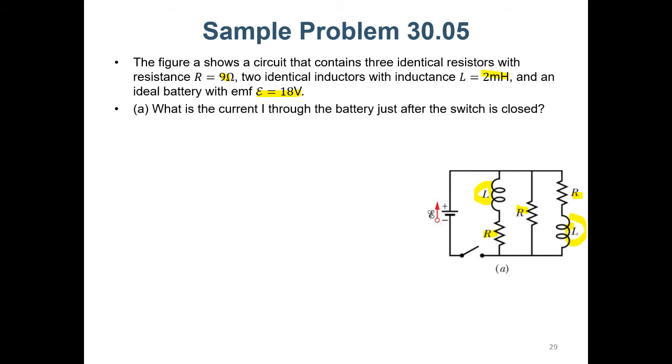So what is the current I through the battery after the switch is closed? At the very beginning, another concept you need to remember is that the current of the inductor is continuous.